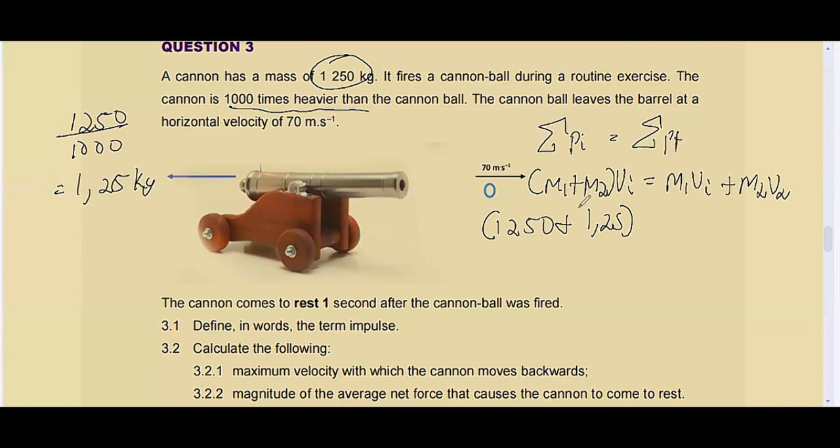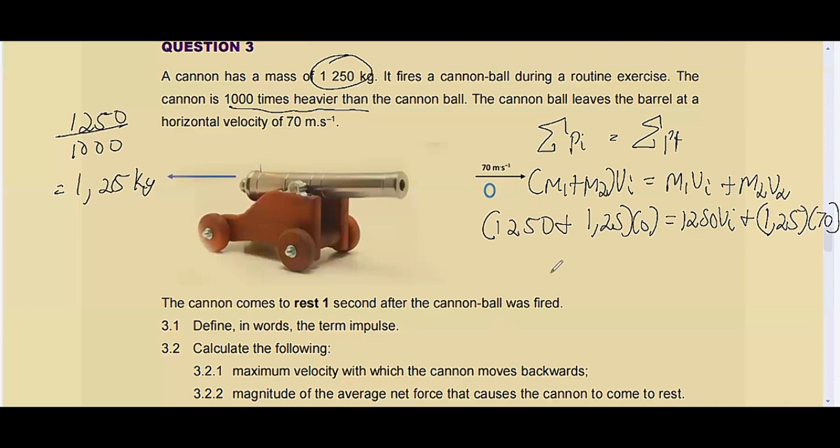Then our Vi: initially, the cannonball and the cannon were stationary. So our Vi is 0. Mass of the cannon, it's 1,250. We do not have its velocity. We do have the mass now of the cannonball and the velocity of the cannonball, which is 70, as we can see here.